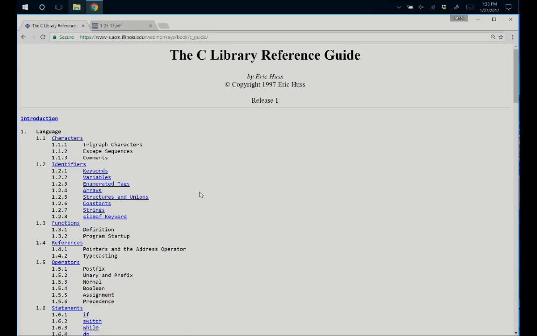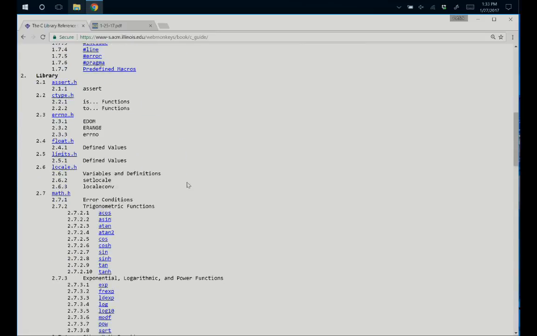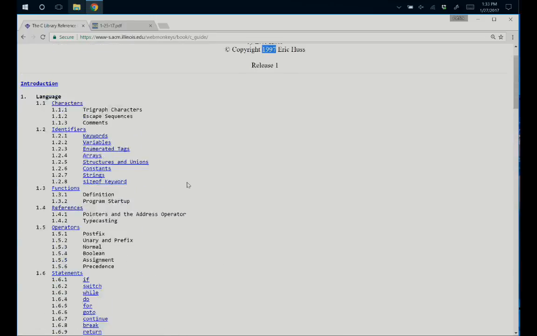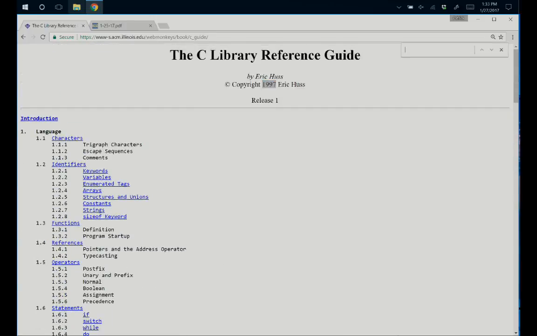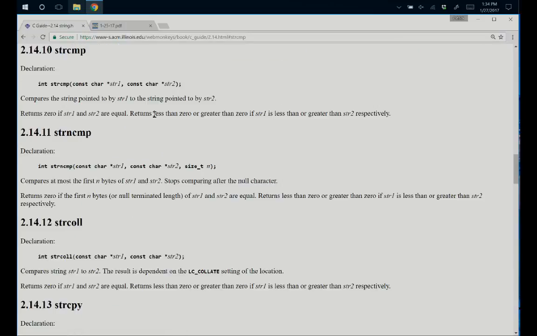For instance, the C reference guide is really good, but notice it's from 1997, which means it's not even C99, which is the version you're using. However, it's pretty good. And it tells you pretty much everything you need to know about the standard C library functions. So if you just, let's see, Control F, strcmp, there it is.